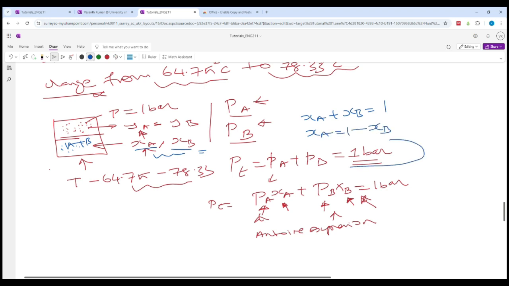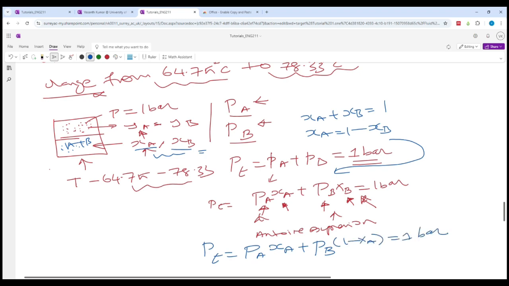You can plug this value here. That makes this expression PT equal to capital PA, which means the vapor pressure, multiplied by XA, plus capital PB, which means the vapor pressure of component B, multiplied by 1 minus XA. So this is equal to 1 bar.